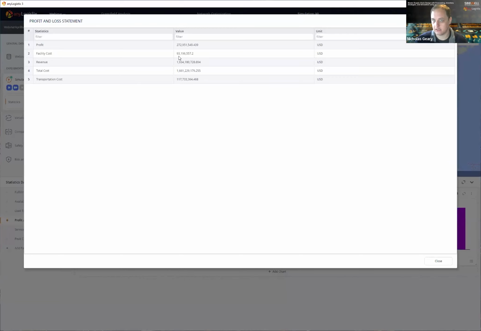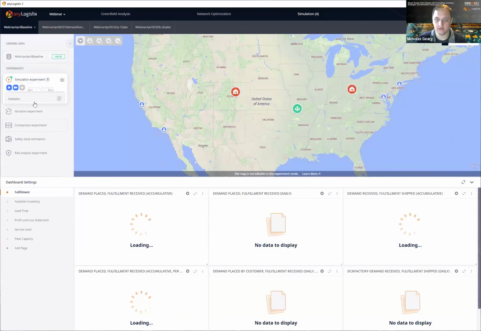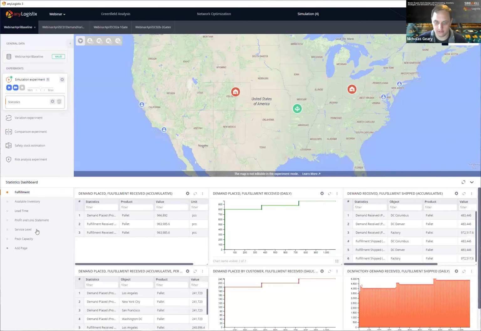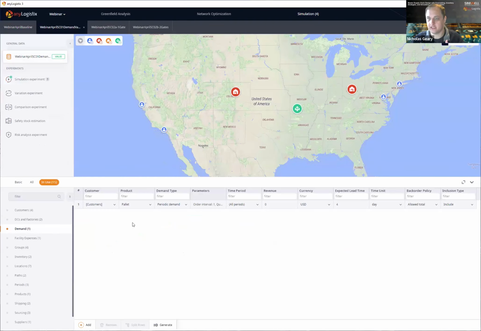Right now, our facility cost looks like 93 million, where previously in our last example, it was only about 82 million. That is because of the volatility that we added into the model, and that the facility now is supporting more or less units per the different facilities.